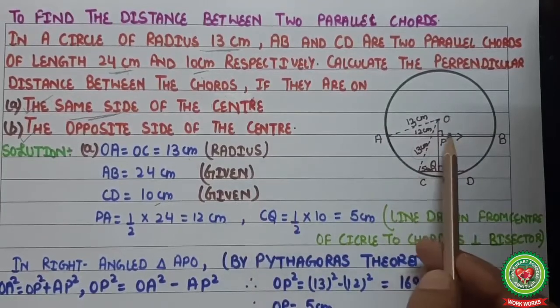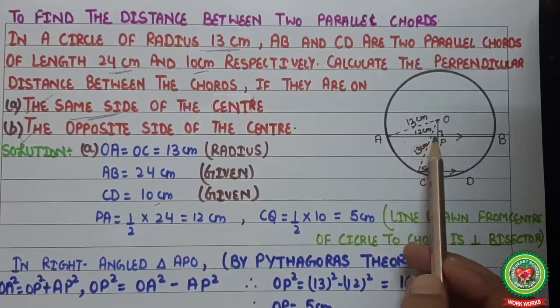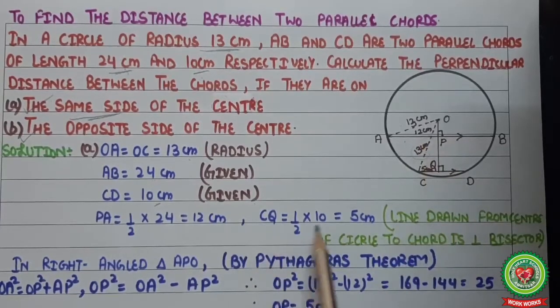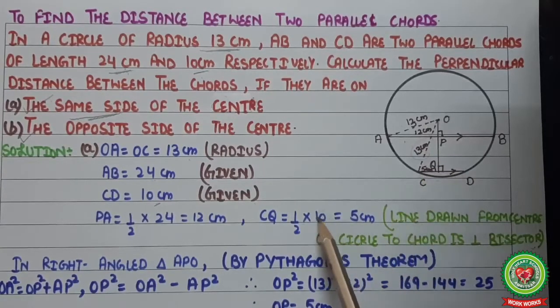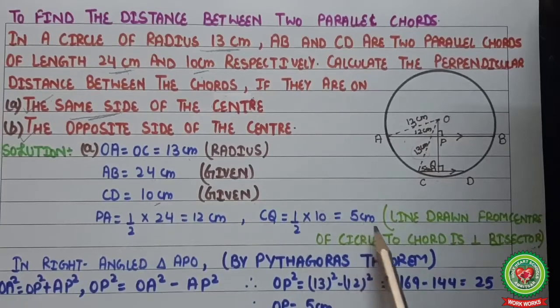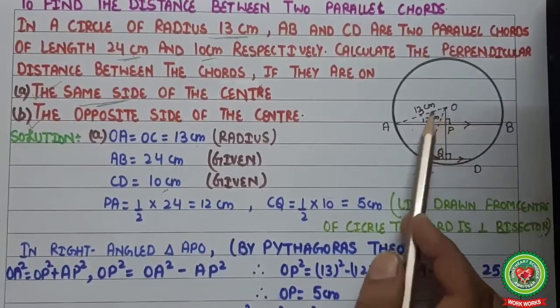Now students, see this PA, the length of this PA will be 12 cm. Why is it 12? Because the line drawn from the center of the circle to the chord is a perpendicular bisector. We have done this result previously. And also see CQ. CQ is 5 cm because this CD is given to us as 10 cm, so its half will be 5 cm. Now see the right angle triangle AOP.